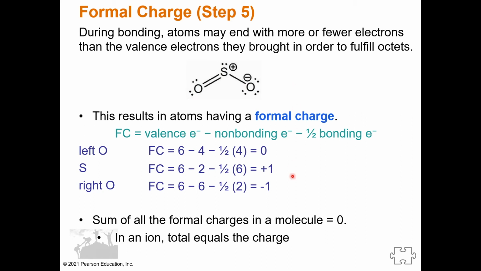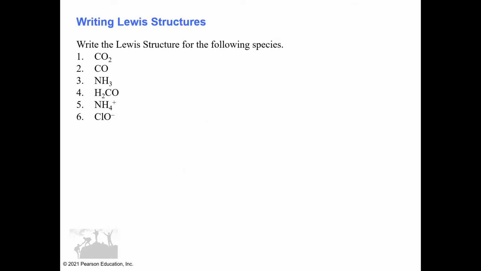Now, if you have a polyatomic ion, then the total of these formal charges needs to equal the overall charge. So make sure you keep that in mind when you're drawing out the Lewis structures for a polyatomic ion.